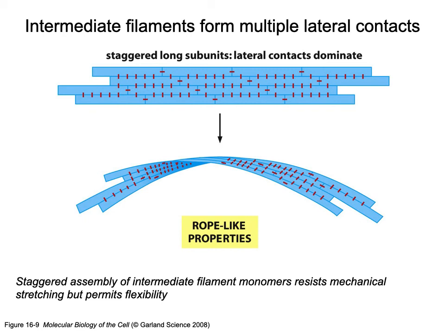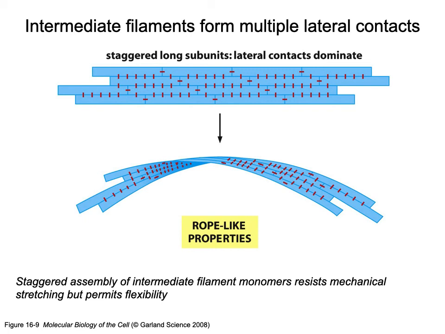So when we look at the intermediate filaments, they're going to form multiple lateral contacts. What that means is if we look at these proteins as they're coming together, they're going to have connection points among them. And that's what's going to give them their strength so that they can deal with those forces that would otherwise rip them apart.